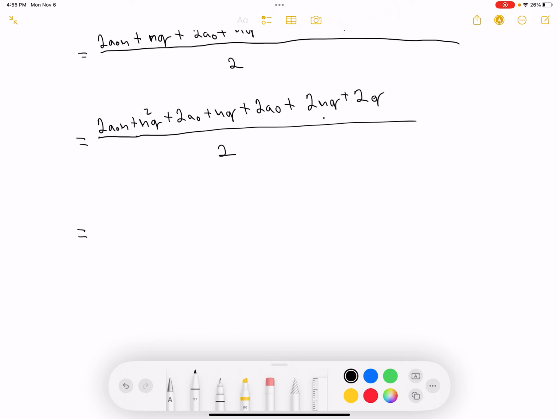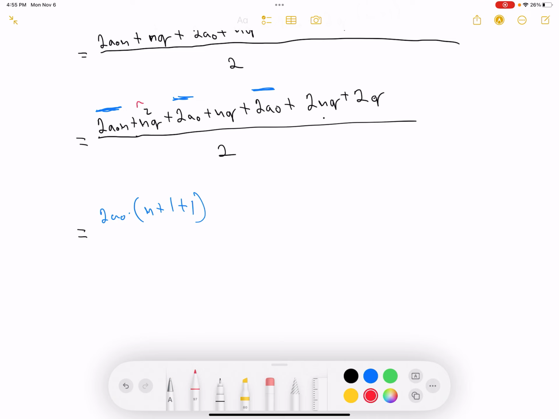All right, let's see what we can do here. So we have similar terms, 2a0n, 2a0, and 2a0. So we can factor them out as 2a0 times, what do we have left? n plus 1 plus 1, right? Close it. Let's do another one.